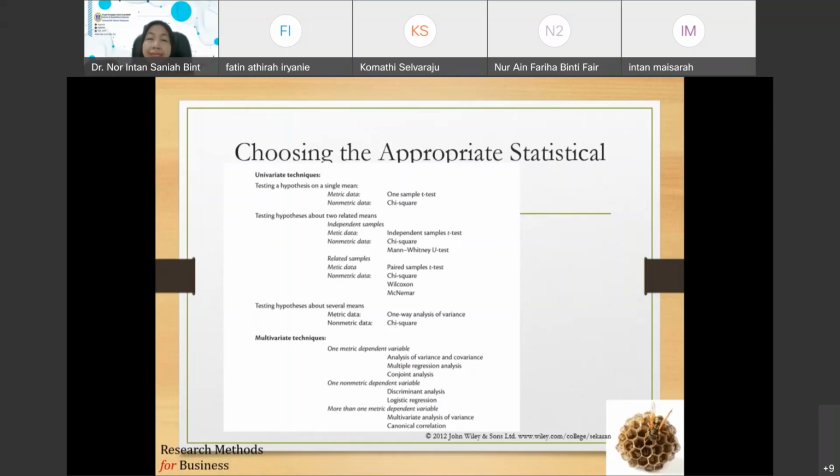If we want to test hypotheses about two related means, let's say there are two groups, one sample of UM students and one of Unisha students, for example, then it looks like an independent sample. Or, if they are related, it can be considered a paired sample to test.